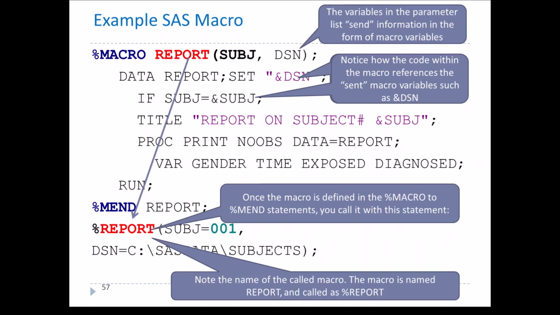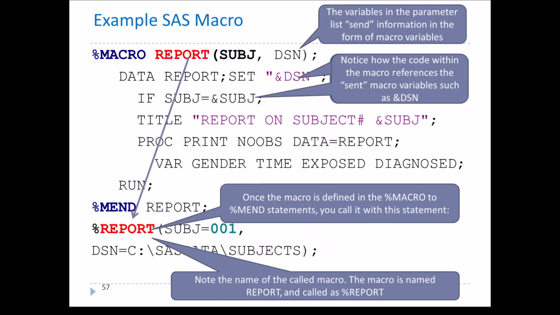Now notice here I also have a variable called subj. Don't mix those up, and I have that intentionally just to show you that &subj is a macro variable, whereas subj, just referred to by itself, is actually just a regular SAS variable. And notice I have report on subject number, and there's the subj macro variable again, and a proc print.